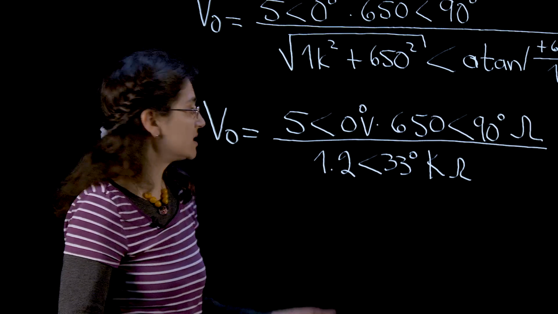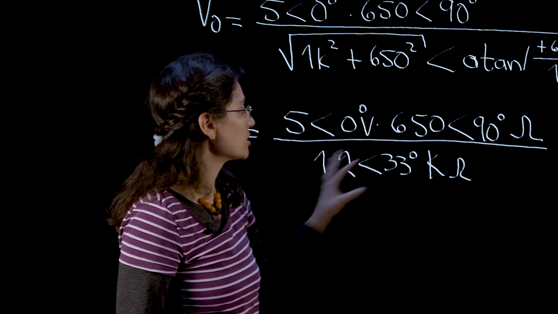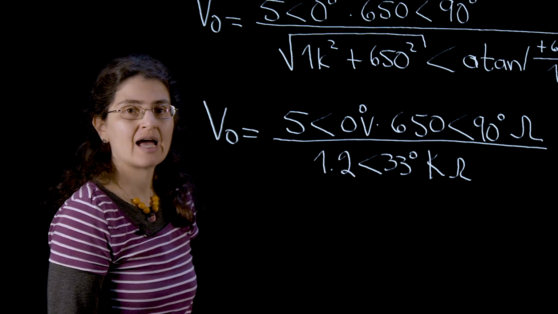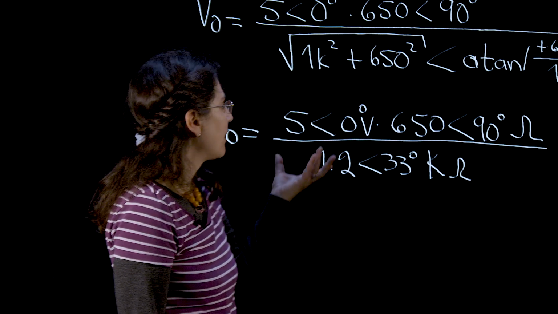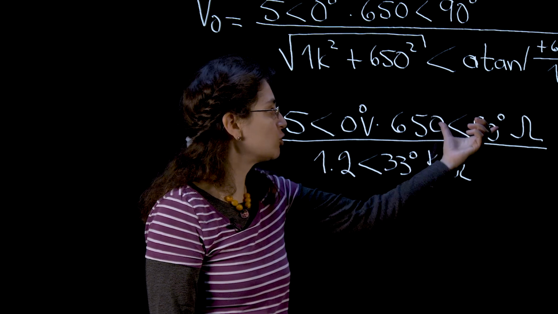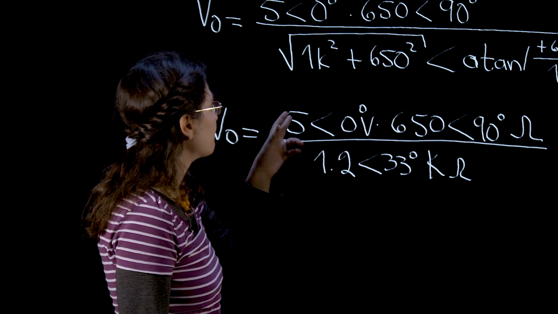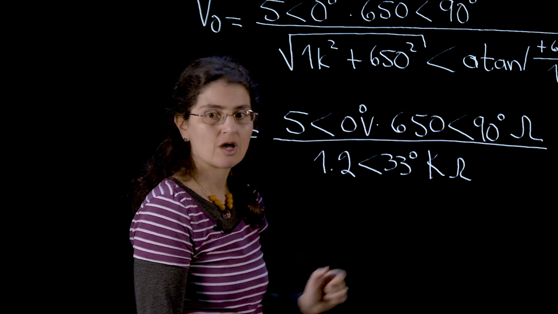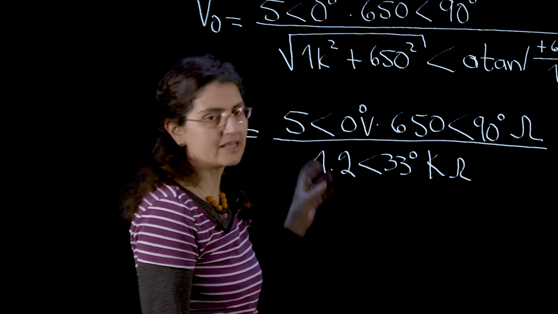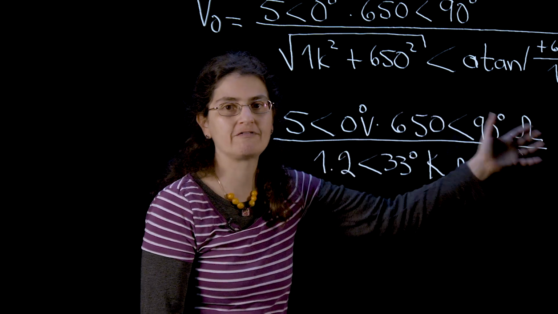So now we proceed to calculate this multiplication, this product, and this division. And how we do that is as follows. The product of two complex numbers in phasor form like this is the product of their magnitudes, and the phase is the sum of their phases.